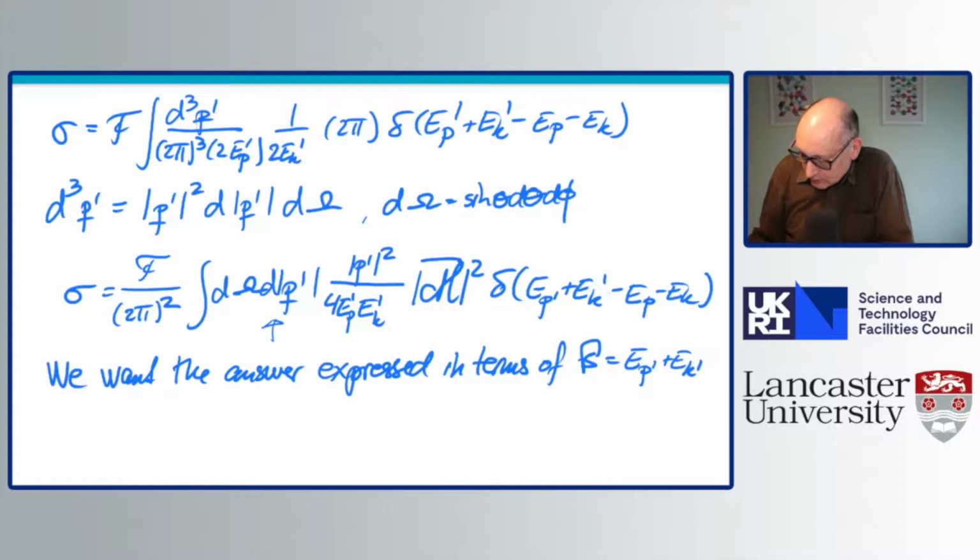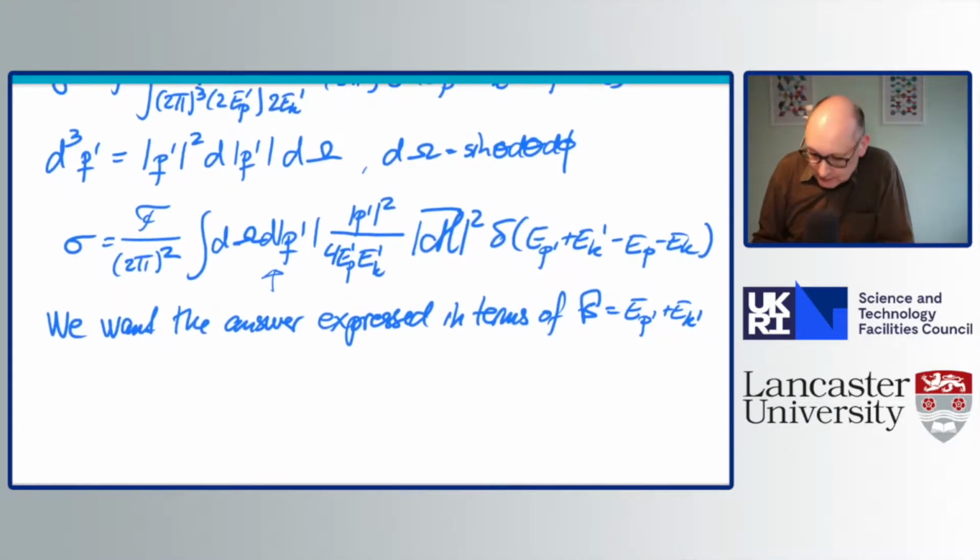Now, of course, the energy conserving delta functional here ensures that the energy of the outgoing states is equal to the energy of the incoming states. Now, if we want to perform a change of variables that exchanges the length of P prime with E, which is E_P' plus E_K'. I like the primes here instead. Then we need to calculate the Jacobian.